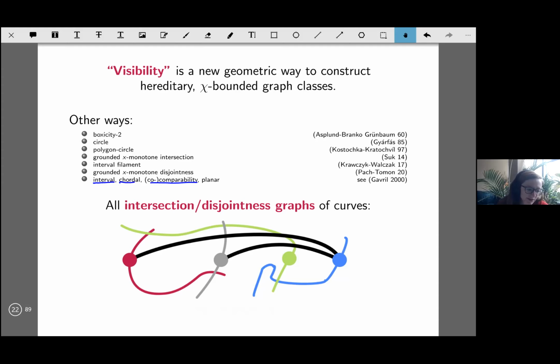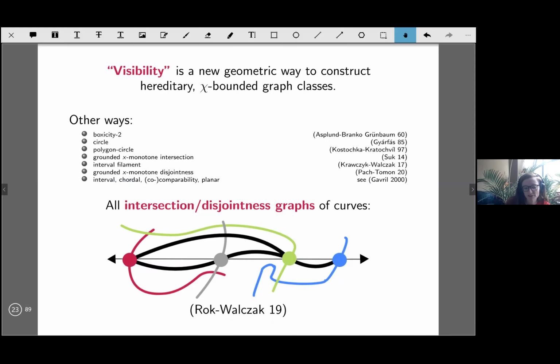One other thing is that the class of intersection graphs of curves in the plane isn't, as a whole, chi-bounded. You have to go to certain subclasses in order to make it chi-bounded, but we still understand that rather well. There's a result of Rok and Walczak that applies to all of these classes.